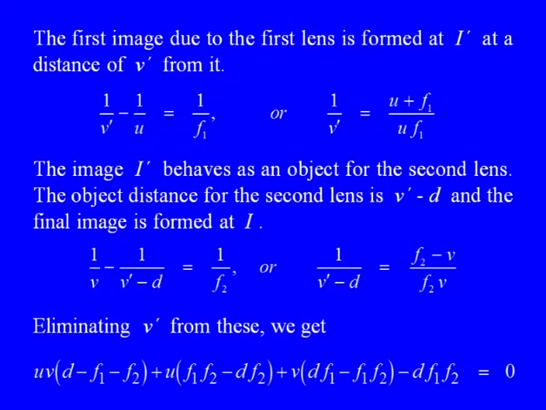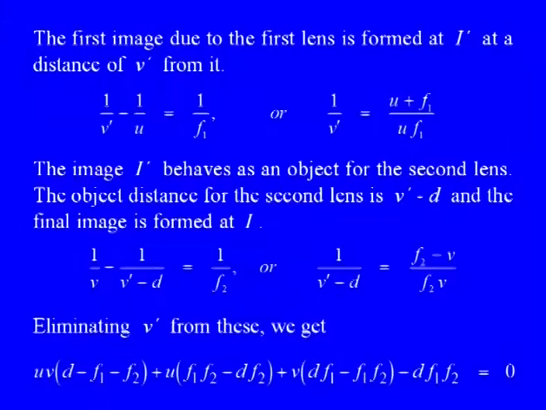So, here we have the relation 1/v, where v is the image distance from the second lens. We are writing this relation for the second lens: 1/v minus 1/(v' minus d) is equal to 1/f2, where f2 is the focal length of the second lens. This can be written as 1/(v' minus d) is equal to (f2 minus v) divided by f2 v.